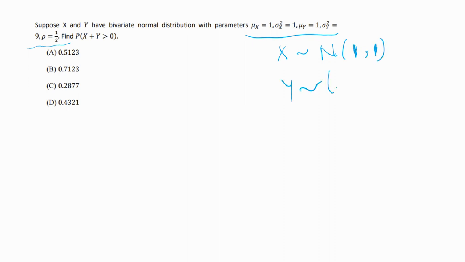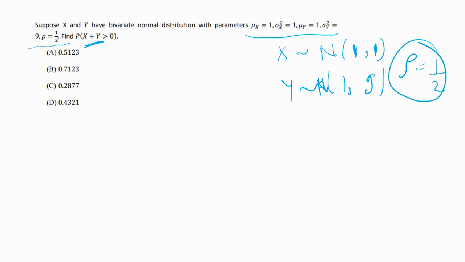Y is normally distributed with 1 and 9. And then rho given here is half. Rho is that it's correlation. Okay. So now you want to find the probability of x plus y.